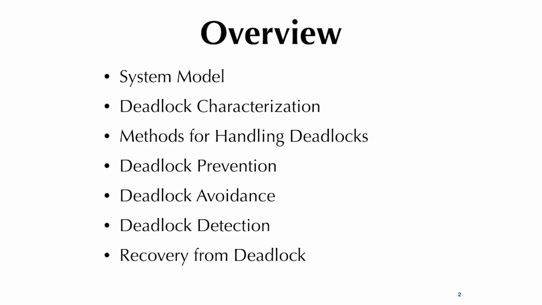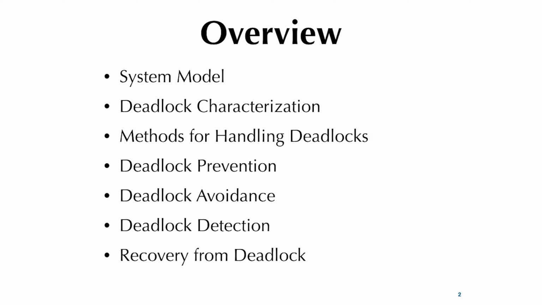And if you can't entirely avoid, you need to try detection. That is, as it's running, you periodically sample and check if it's stuck in a deadlock condition. And when deadlock actually happens, then what do you do? Well, you try to recover from it. So these are the four different levels of how one would handle deadlocks.